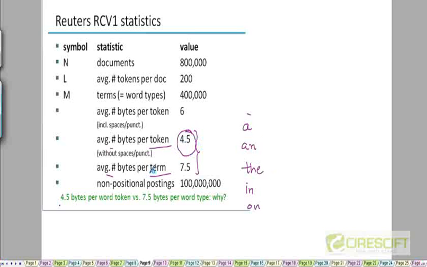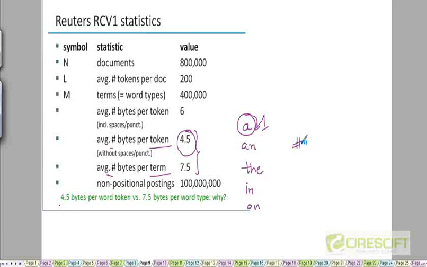But when calculating the average number of bytes per term, you're not going to count the length of a 500,000 times. You're going to count it just once for the whole corpus. You're going to weigh this term a just once, right?